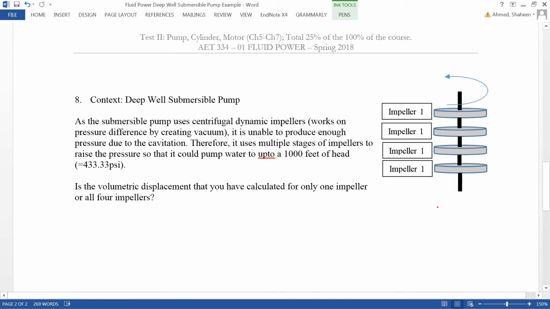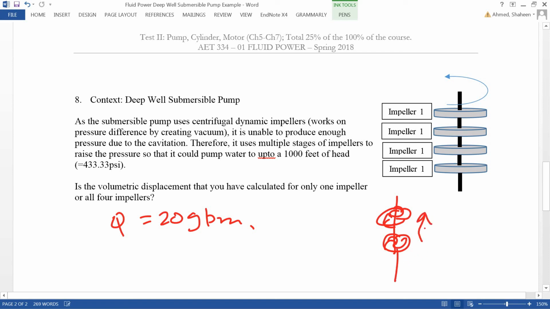This question is asking about that flow that it develops, that 20 gallon per minute, if it uses a 4-stage pump. Typically to produce high pressure, a deep well pump uses multiple stages of impeller. So you have one impeller there, one impeller there, and then one impeller there. So multiple stages of impeller. Basically, this adds the pressure, not the flow.